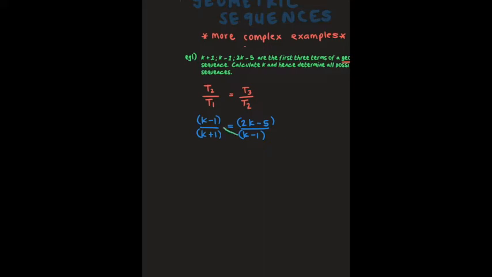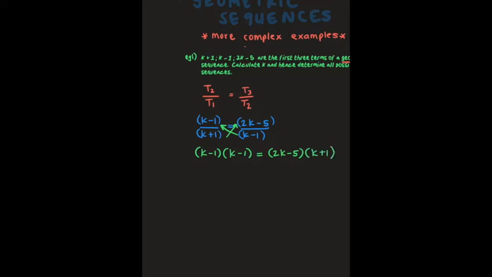You're literally just going to cross multiply over the equals sign. The denominator on the right hand side of the equation, you multiply up onto the numerator on the left hand side, and we do the same story on the right. So it's going to be k minus 1 times k minus 1 equals 2k minus 5 times k plus 1.